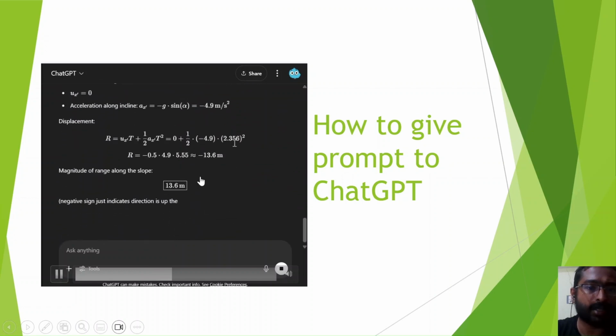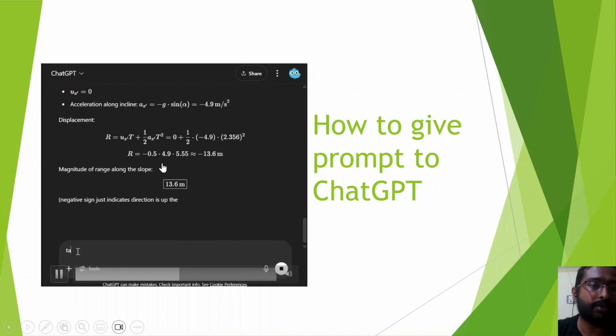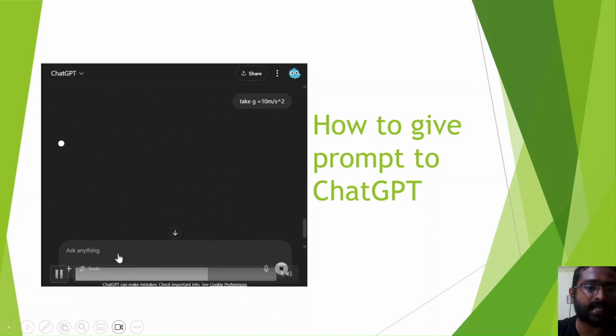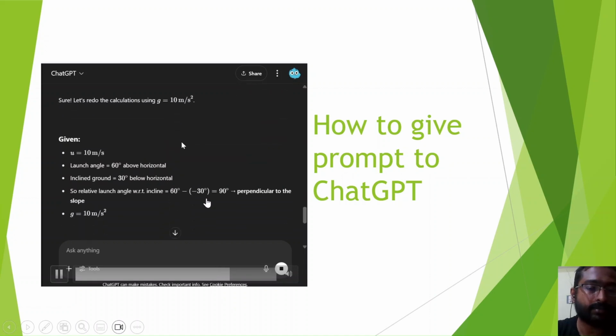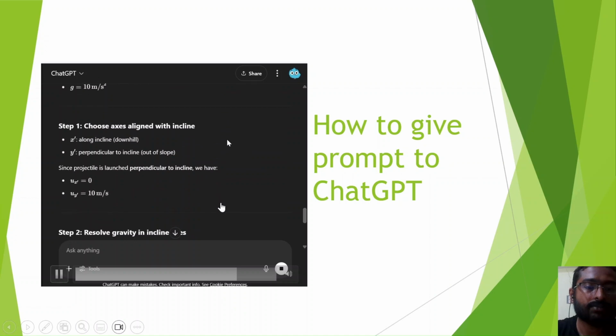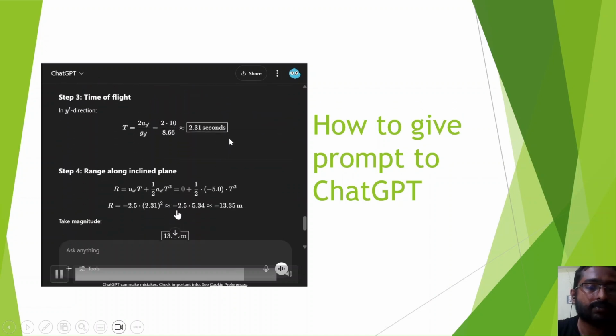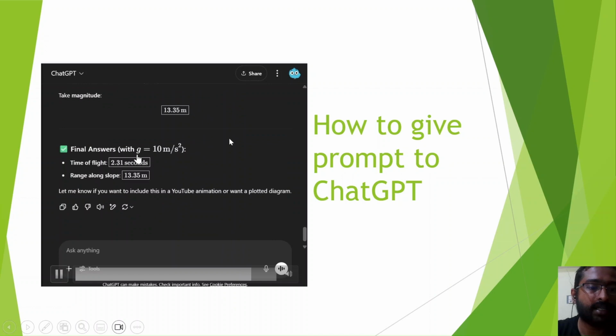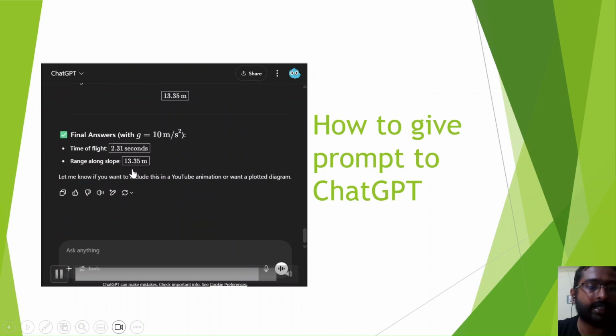We got 2.31 because we used g as 10 meter per second square, while it used g as 9.81. So I again gave a prompt: take g as 10 meter per second square. This time ChatGPT got the same answer as our answer, time of flight 2.31 and the range. So that's how we can give the correct prompt to ChatGPT.